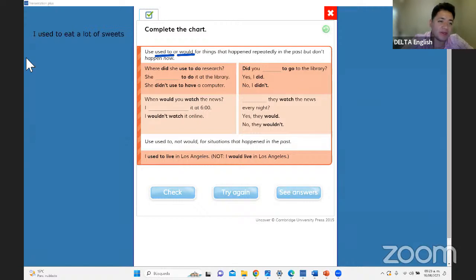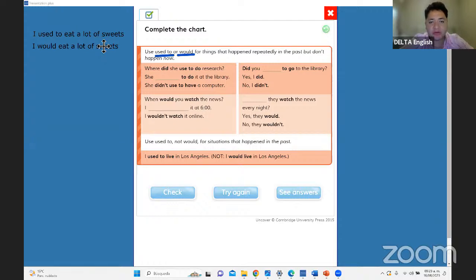In this case, you could say, I would eat a lot of sweets. This is similar. It's exactly like solía, but there are a few exceptions to the use of would. But these both sentences mean the same. You could say I used to eat or I would eat.